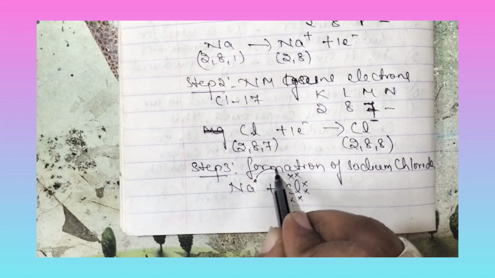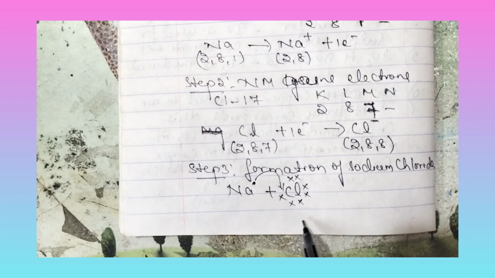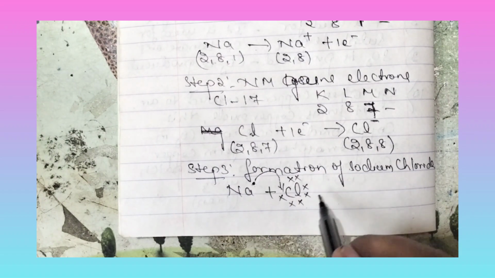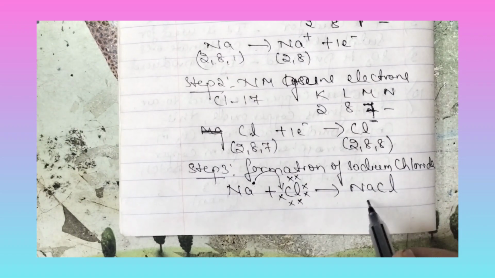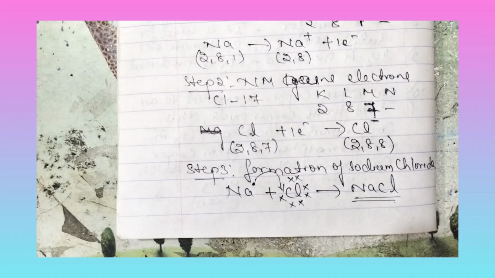Here from the metal, 1 electron will shift to the non-metal. So transfer of electron from metal to non-metal will form an ionic compound. So it forms an ionic compound called sodium chloride. Like this, in 3 steps, the ionic compound sodium chloride is formed.